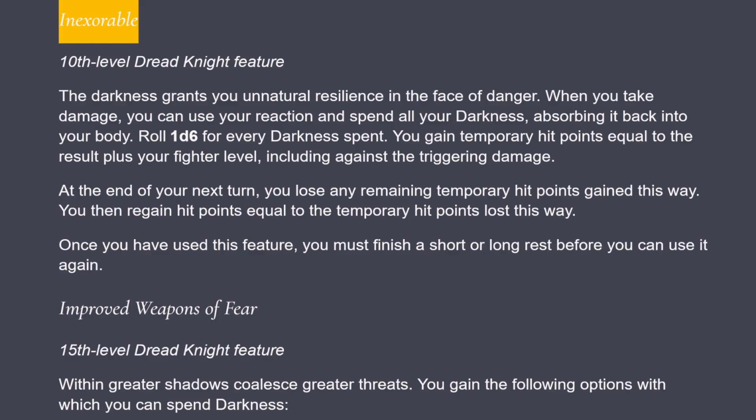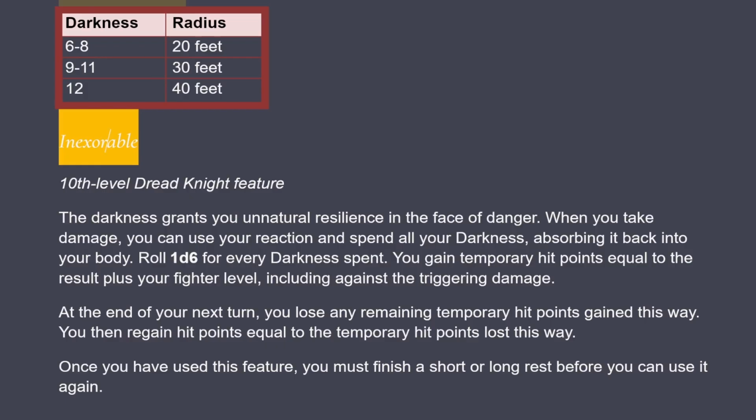Or I suppose if you're really desperate. I don't think you're using this if you have like 8 darkness to roll that much healing conversion potentially. I don't know how much damage you're getting hit by, but it better be a lot, especially when you consider the cost of having to spend probably 2 or 3 rounds rebuilding that much darkness to get your radius back up, and then how good your radius damage would be doing passively otherwise.